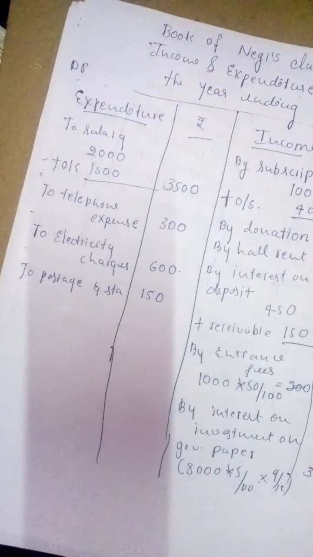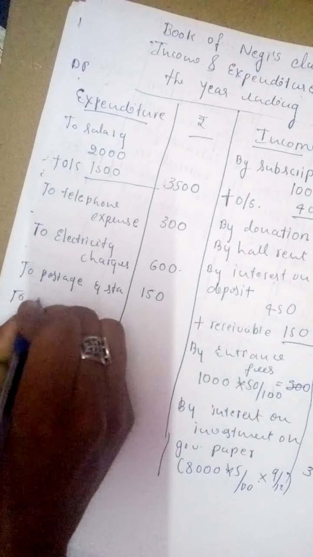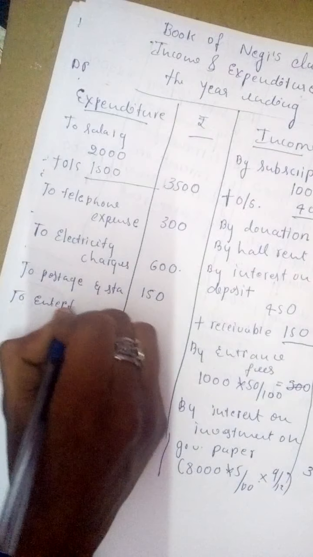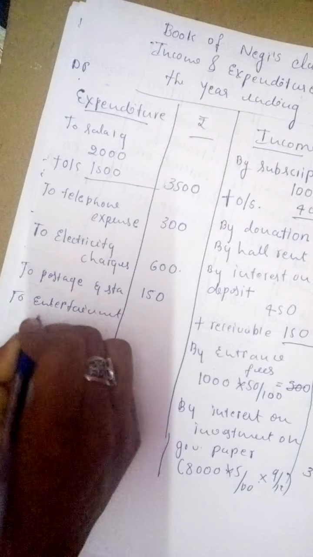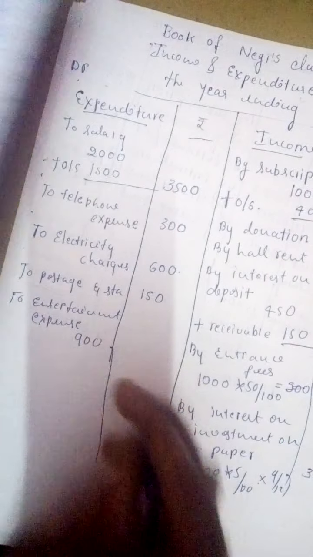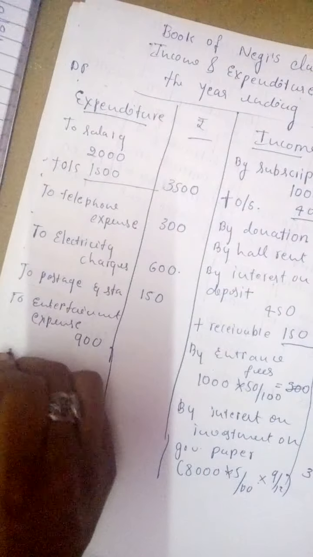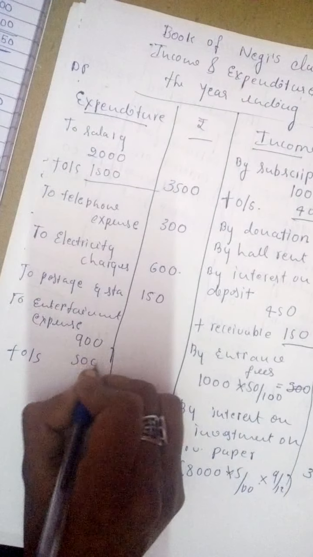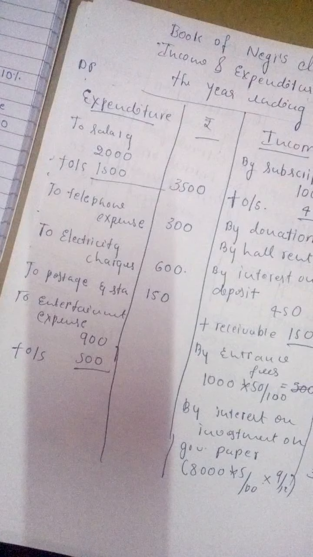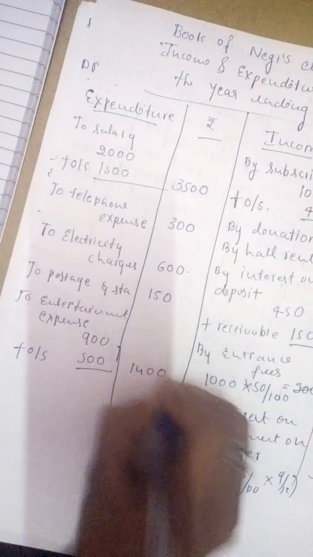Then they have given purchase of books, which should not be recorded. Entertainment expenses, there is an adjustment. So to entertainment expense, what is the amount? 900. There is an outstanding also, 100 plus outstanding 500, so amounting to rupees 1400.